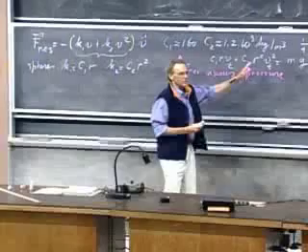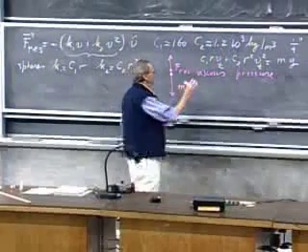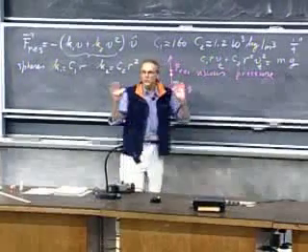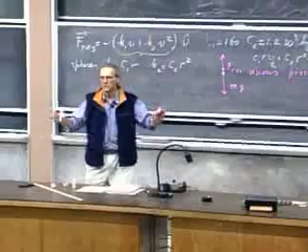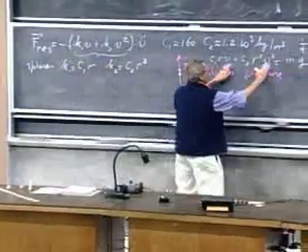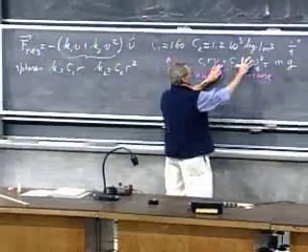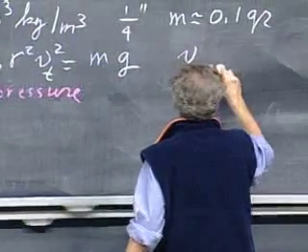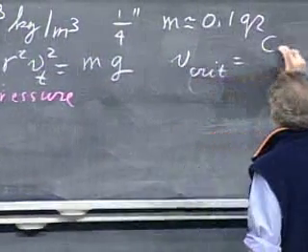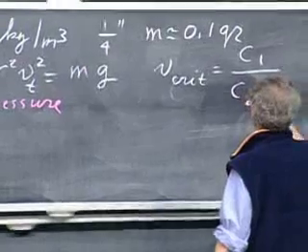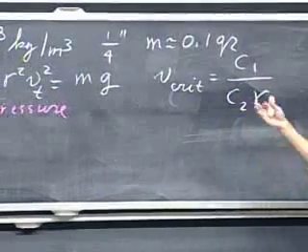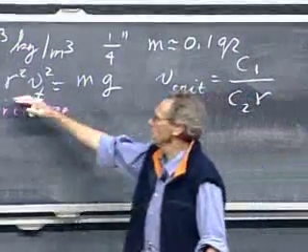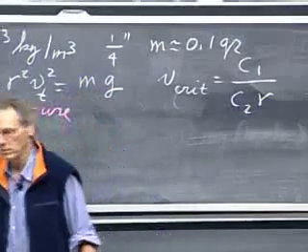Well, let's first ask the question, when is the viscous term and the pressure term the same? For what velocity? So forget for now that here are t's. We just want to know when this term is the same as this term. That will be the case when the velocity, which we call the critical velocity, equals c1 divided by c2 times r. It's very easy to show that this term is then exactly identical to that one.